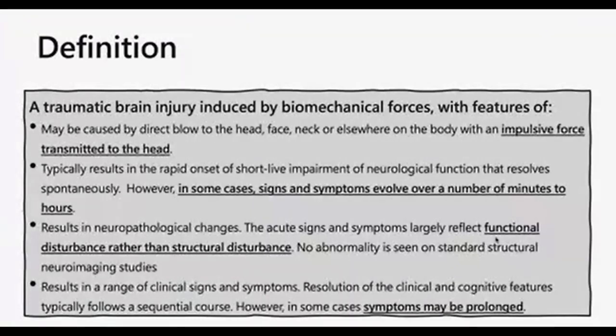There's actually no structural disturbance, so it's purely a functional disturbance. Recently, with higher-class imaging, sometimes you can use functional NIRS or other more progressive imaging to see whether there is a change. But currently, brain MRI is not indicated in concussion patients. The symptoms might be prolonged, so be aware of post-concussion syndrome.